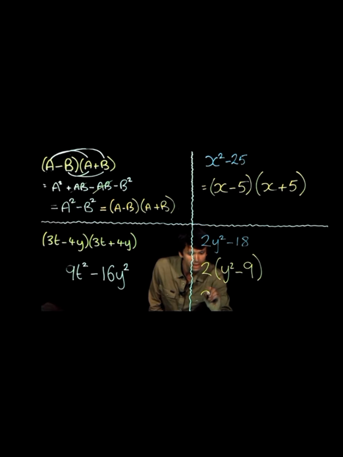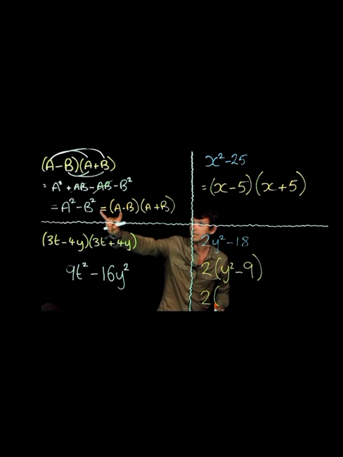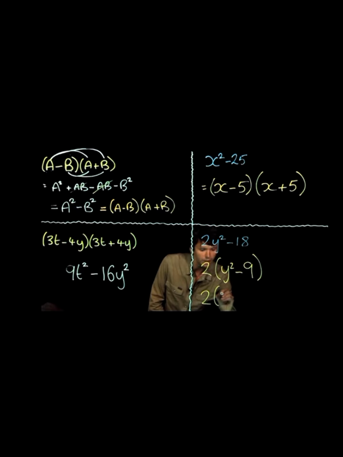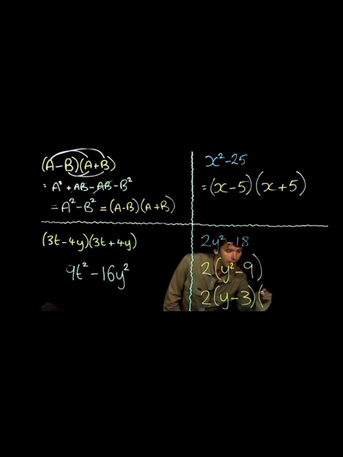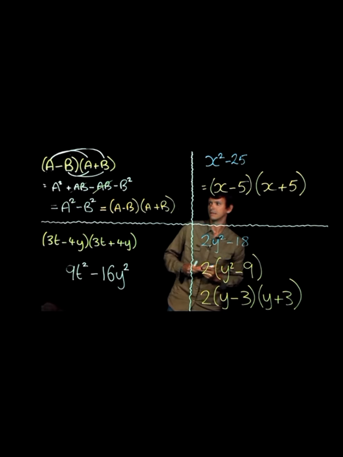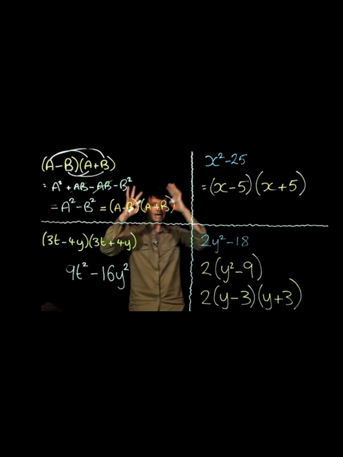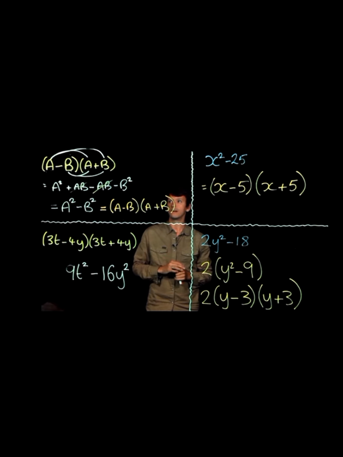So we can expand that using this. y squared minus 9 is going to give us y minus 3, 9 is 3 squared, multiplied by y plus 3. So here we're using the difference of two squares to expand and to factorize. And as I say, very, very useful to start getting used to spotting these.